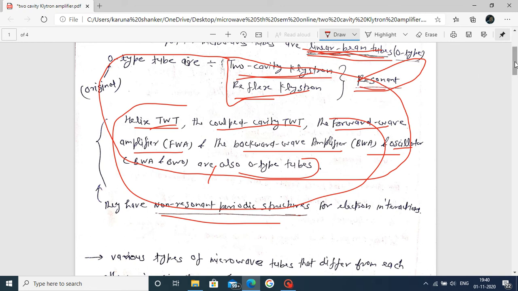The helix TWT and coupled cavity TWT use a non-resonant structure. We focus on the working of the two cavity klystron, then go to the reflex klystron and next to the TWT.